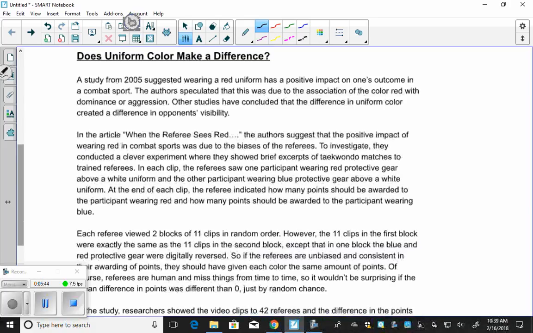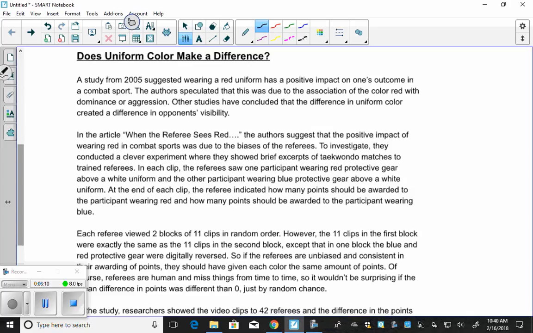Does uniform color make a difference? Okay? There was this experiment where researchers wanted to find out if the color of the uniform really makes a difference with referees. They took Taekwondo and had two people wear two different colors. One person wore red, one person wore blue.